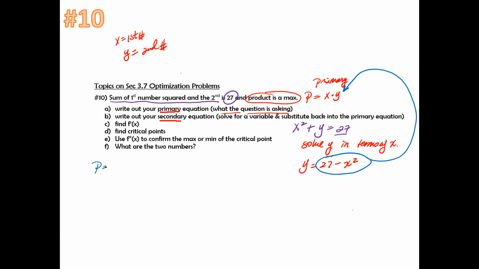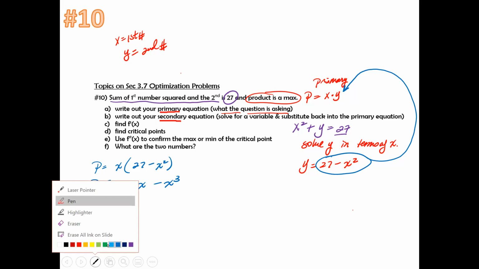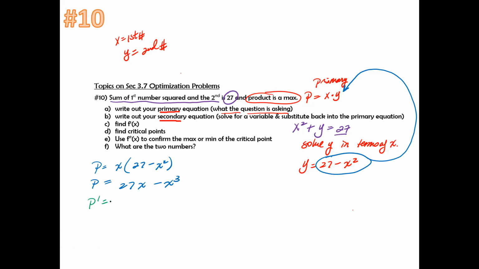So then my primary equation is going to be X times 27 minus X squared. And let's go ahead and distribute that. So then I have P is equal to 27X minus X to the third power. Then let's go ahead and proceed to finding the first derivative. So it's just going to be a simple power rule. Set it equal to 0, solve for X, which is going to be your critical point, okay?